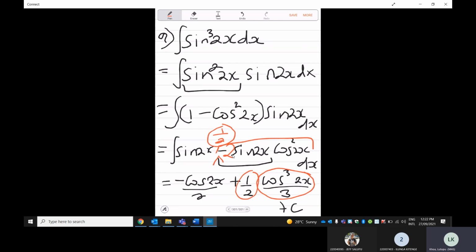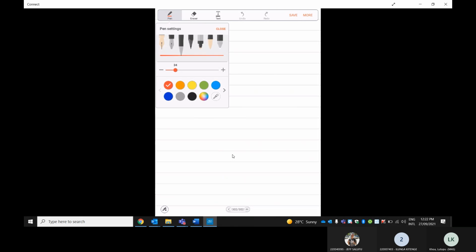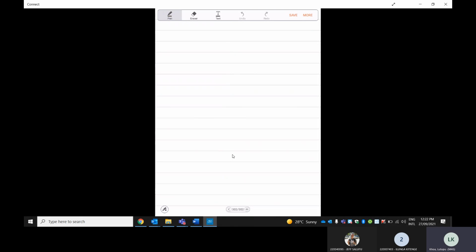Okay, so your answer should actually be negative cos 2x over 2 plus cos to the power of 3 of 2x over 6 plus c.